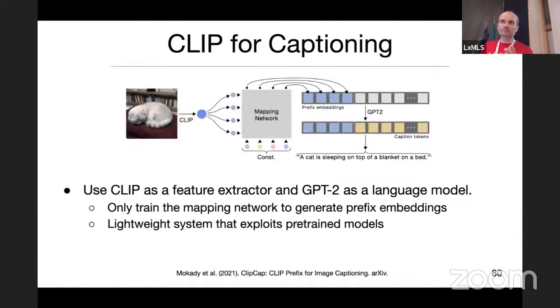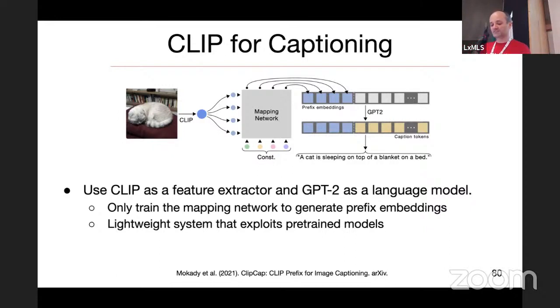One thing that you may have seen is people using CLIP for image captioning, where you encode an image using the CLIP encoder, and then you have this idea of a mapping network. This mapping network probably seems quite familiar now because we just spoke about the learned queries from the Q-former. This is the same basic idea.